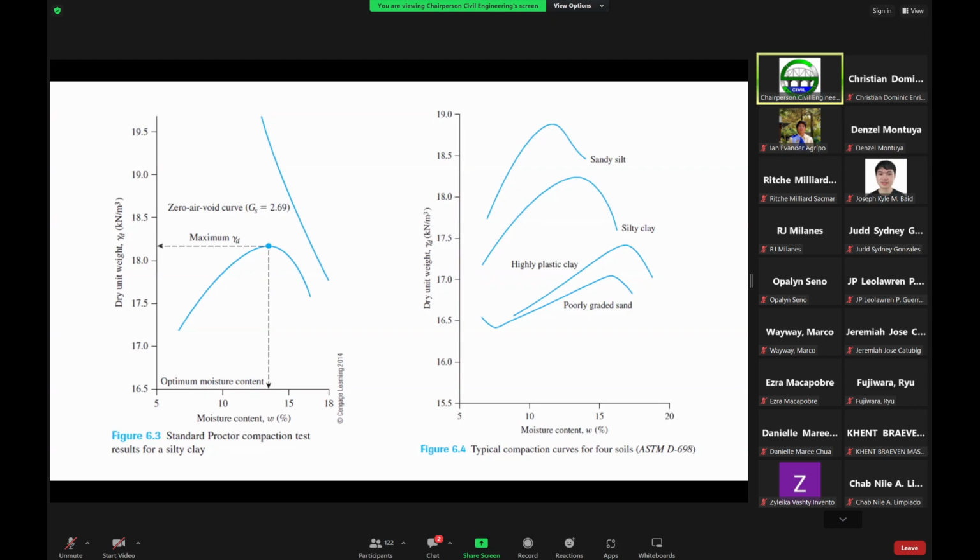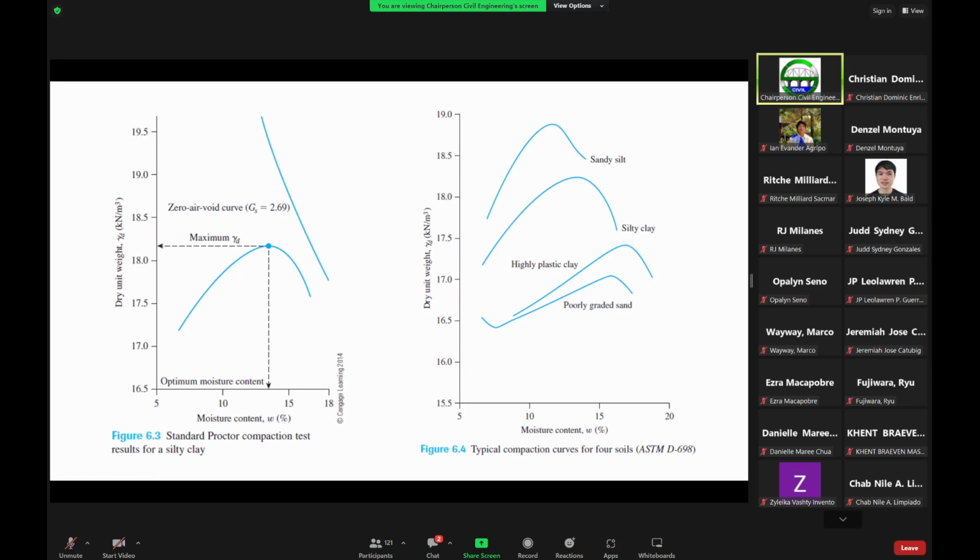Take note, this one here may not be 100% degree of saturation. This may only be 80%, 90% degree of saturation, wherein this line here is the plot for 100% degree of saturation.